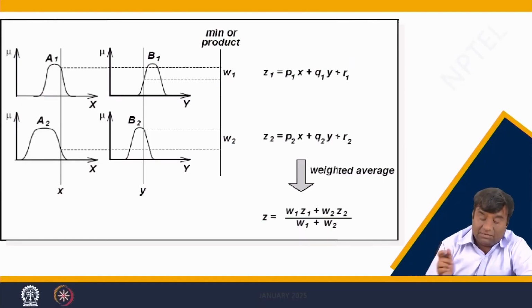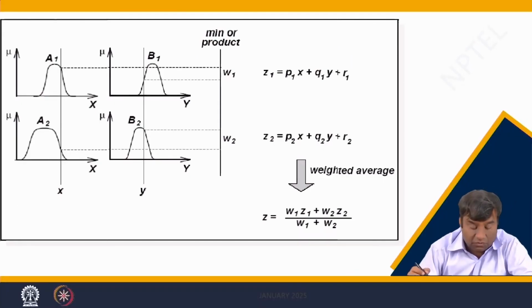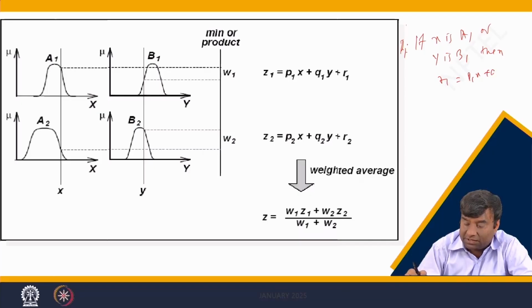So this is the rule. Suppose rule R1 is given as: if x is A1 or y is B1, then Z1 is P1x plus Q1y plus R1.